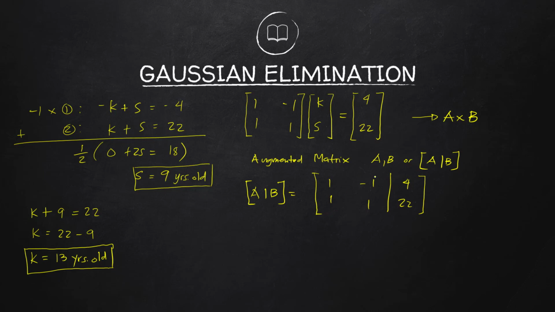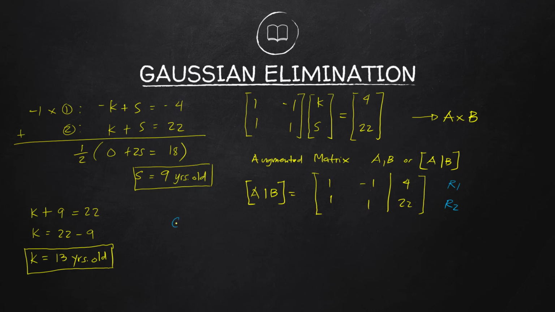For this augmented matrix, we will call this row 1 and row 2. So now that you have your row 1 and row 2 in the augmented matrix, we can use Gaussian elimination.